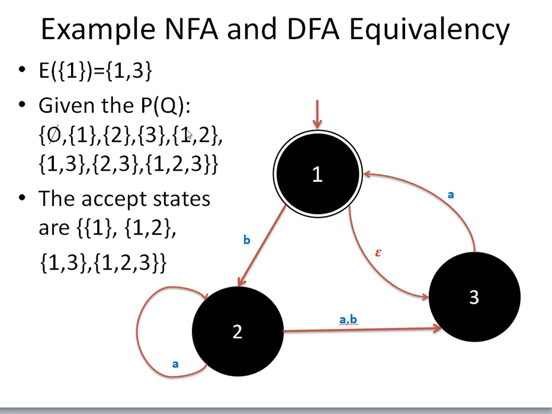This set has also 1, so it's an accept state. This has an accept state 1, so it's an accept state. And this has an accept state 1, so it's also an accept state. So each set in the power set that has any one of the accept states would also be an accept state. So now starts the production.